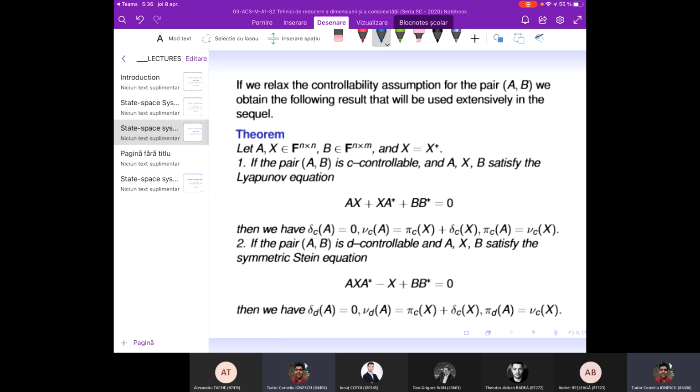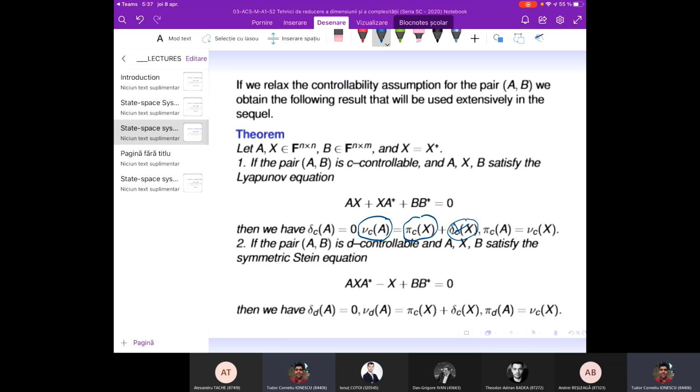You remember that we were saying that A is a stable matrix if the Lyapunov equation has a positive definite solution. So in this case, if the controllability Gramian is positive definite, that means this term is 0 and all the eigenvalues are positive, then all the eigenvalues of A are negative if A is symmetric, or have negative real part.